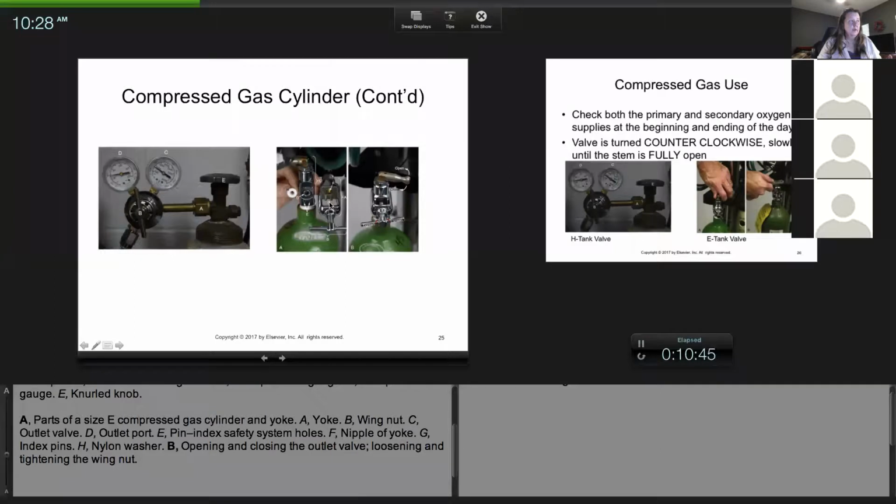Now, F and G, do you see how there are two pins and then a solid pin here? They only fit this tank. So you could not put a nitrogen tank, an air tank, or a nitrous tank in this yoke, because it only fits these pins.